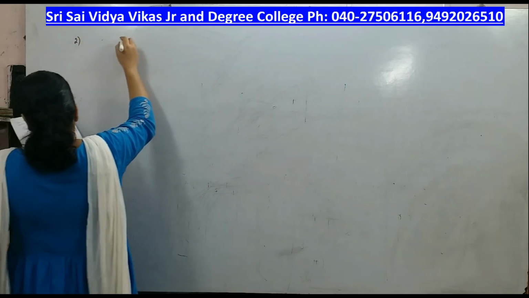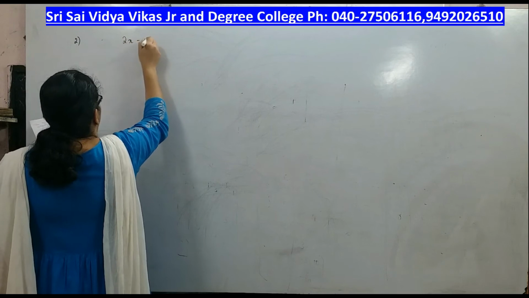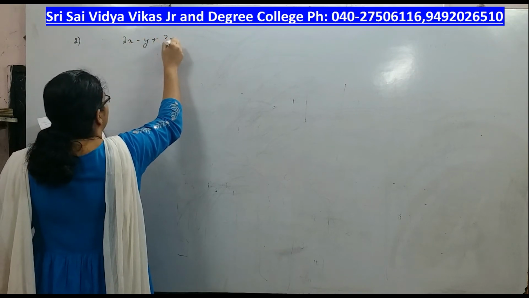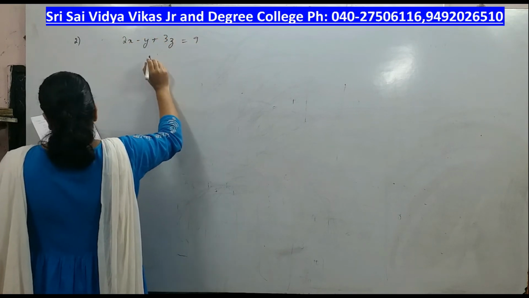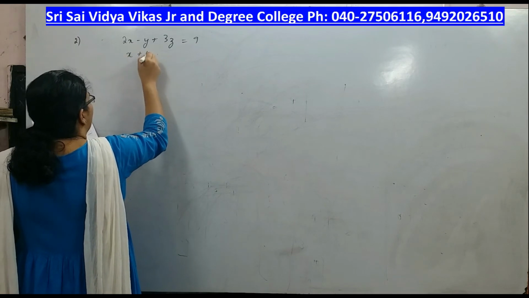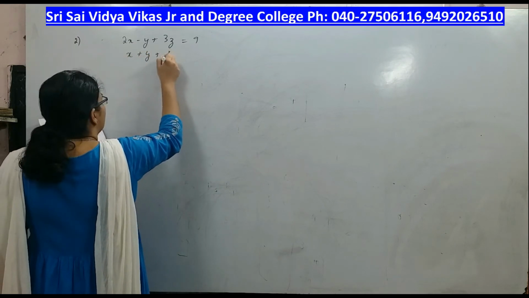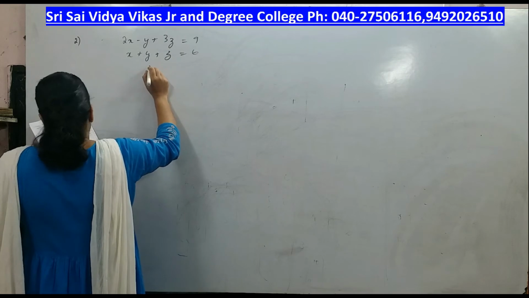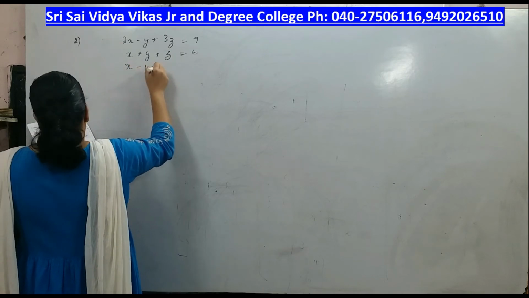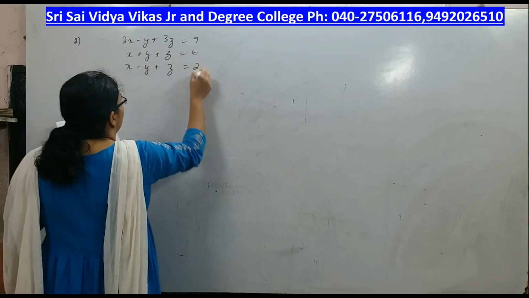Second one: 2x minus y plus 3z is equal to 9, x plus y plus z is equal to 6, x minus y plus z is equal to 2.